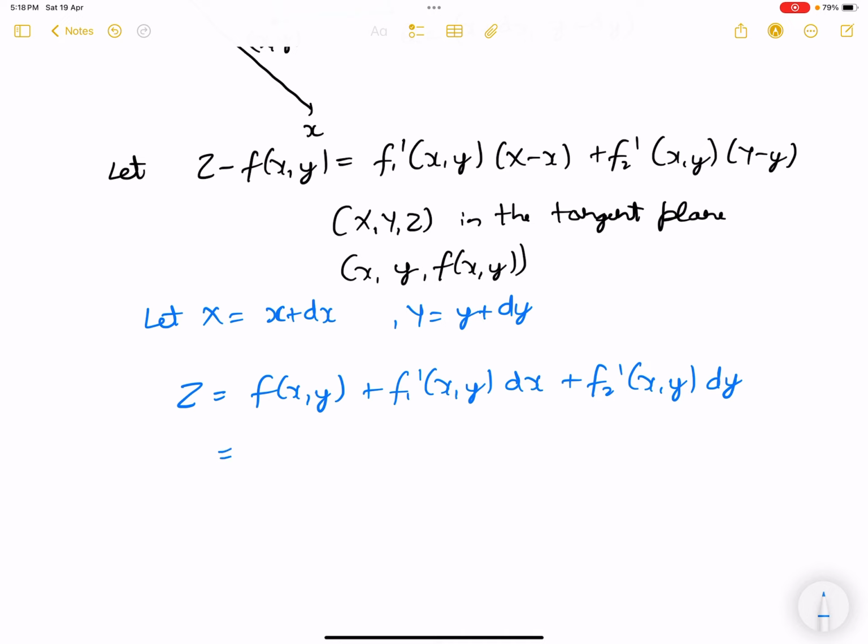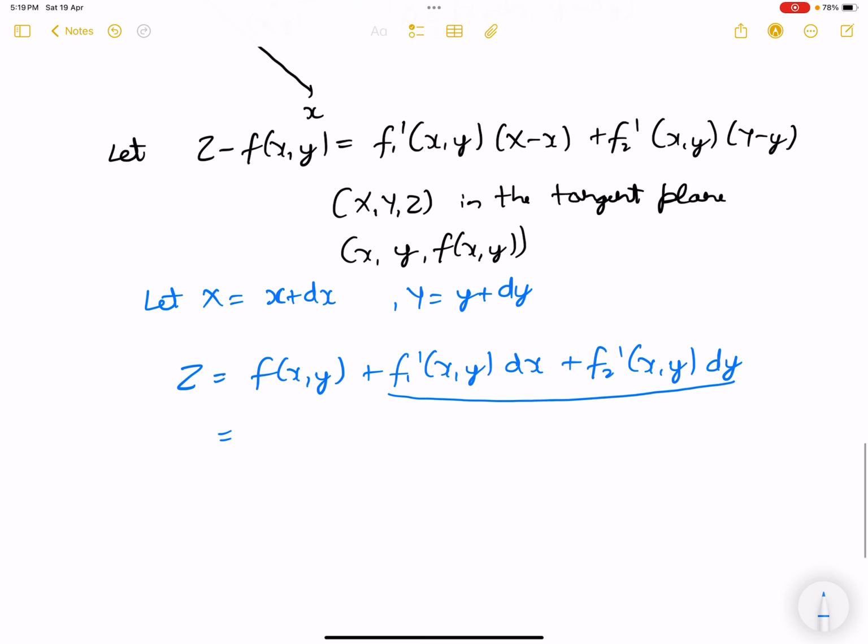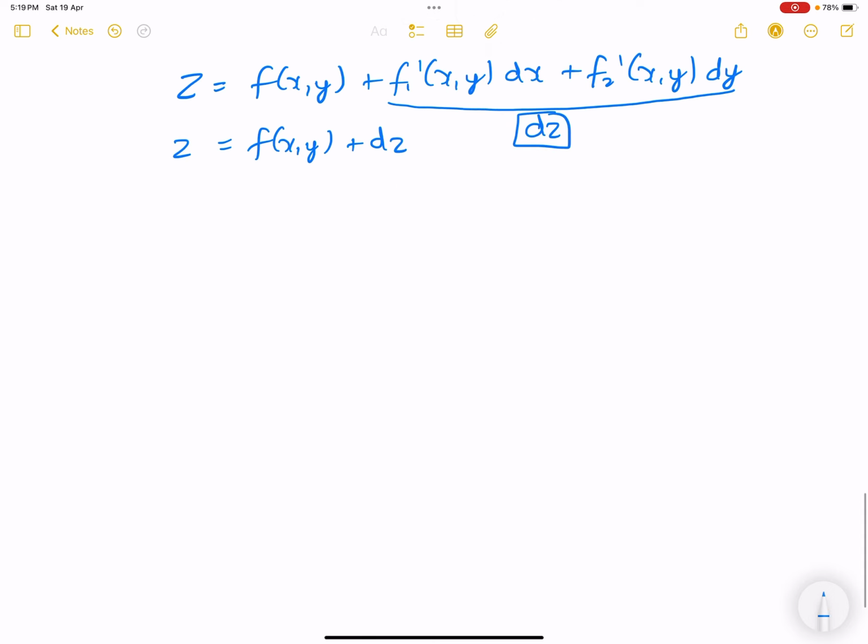So this is nothing but this whole thing. This is nothing but del z. So what we have is z equals f of x y plus del z. Okay, now we'll do some example.